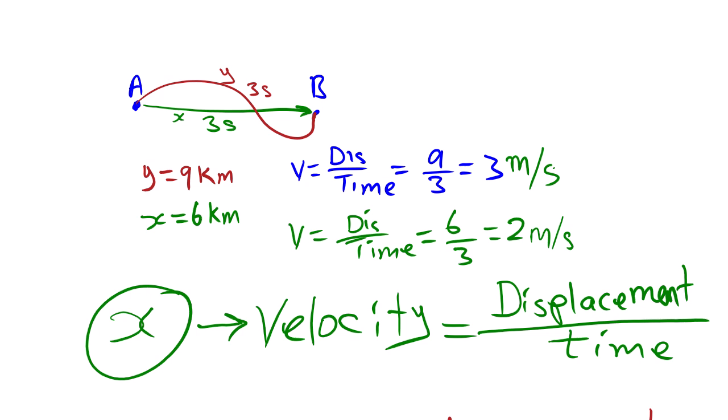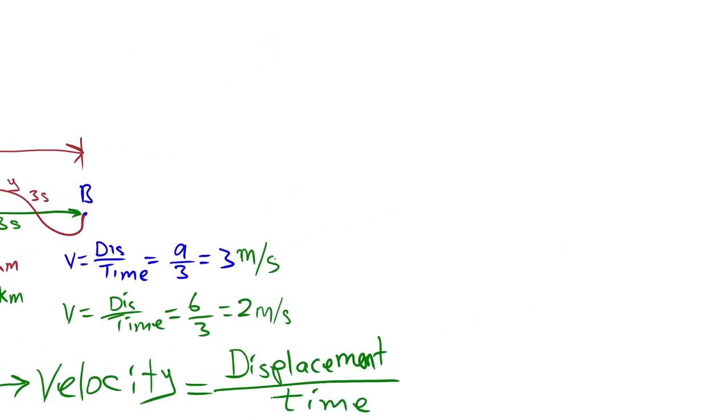Now the final destination from A to B is 6 kilometers. I mean, from here to here is 6 kilometers. This is the exact distance that object X followed. So for measuring the velocity of object Y, you just use that.